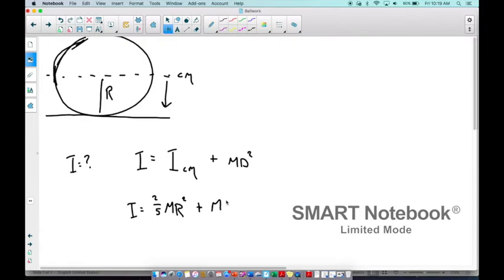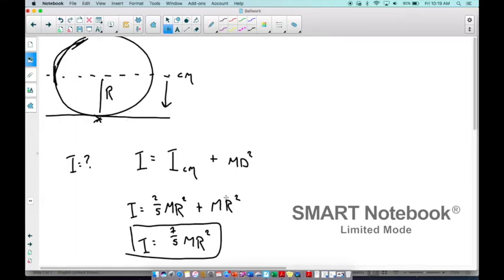So I'm just going to add to that mr squared. And of course, you guys know how to add fractions. When we get this, we get a new answer of 7/5 mr squared. So that is the I value when our axis of rotation is down here on a point tangent, on a point of the edge of the sphere.